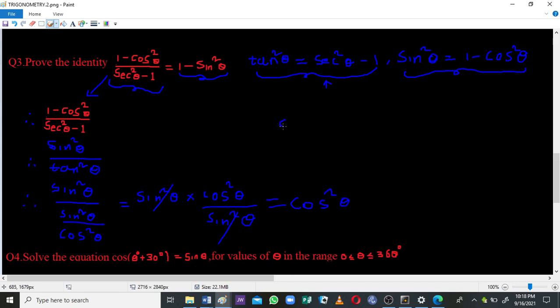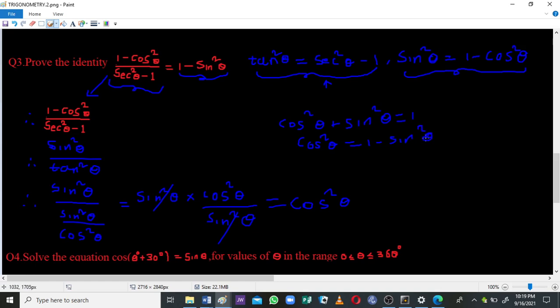We know that cos squared theta plus sine squared theta is equal to 1. This is an identity I'm trying to remind you of. Now if you make cosine the subject of the formula, you are going to get cos squared theta is equal to 1 minus sine squared theta.